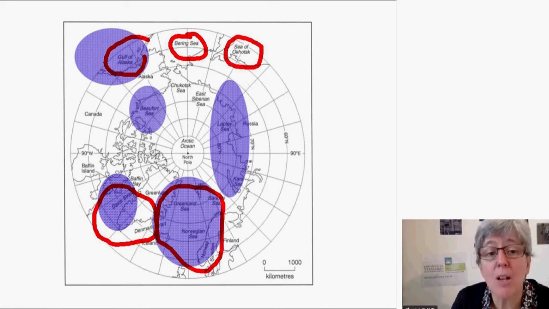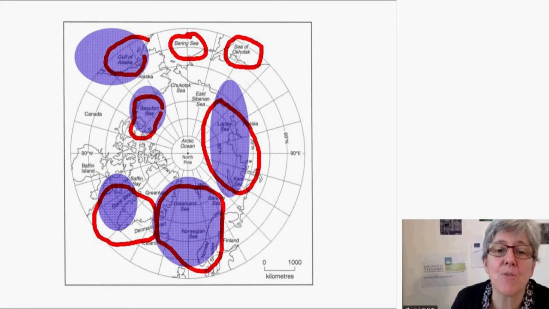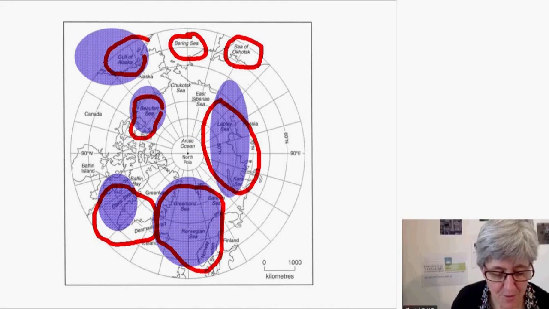And we can have polar lows over the Beaufort Sea as well. And recently, some polar lows have been observed over the Kara and Laptev Seas here, and even over the Chukchi Sea. So you see that polar lows can develop finally everywhere where you can have cold air coming from the sea ice or coming from continents, which is advected over open sea, that means sea without sea ice.